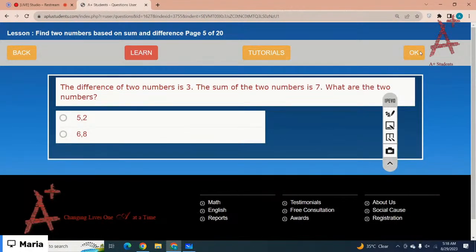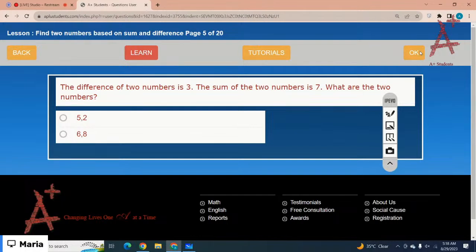Okay, the next one is the difference of two numbers is 3. The sum of two numbers is 7. What are the two numbers? So which is the correct option? Which two numbers have the sum 7 and difference 3? The correct option is 5 and 2.